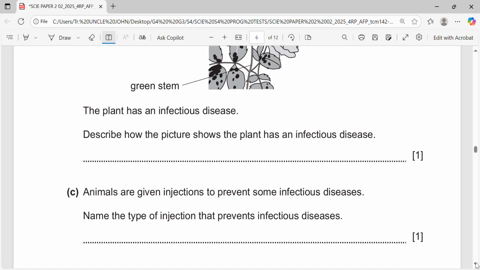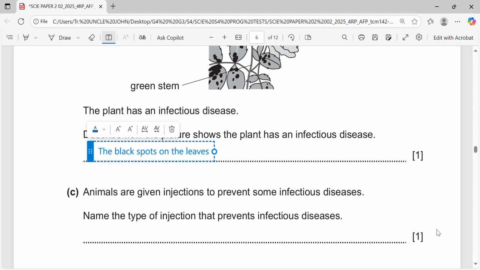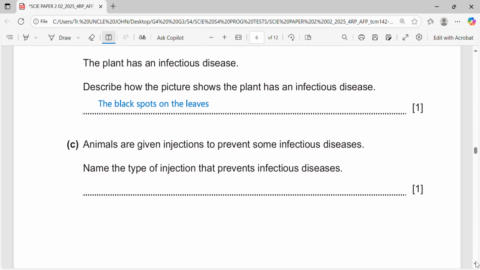Describe how the picture shows the plant has an infectious disease. The black spots on the leaves.